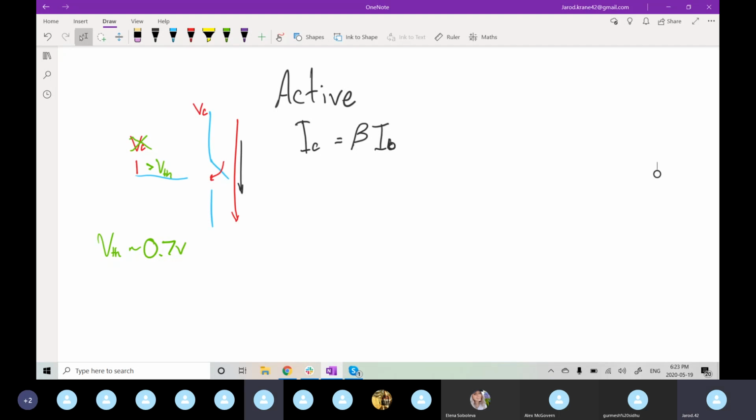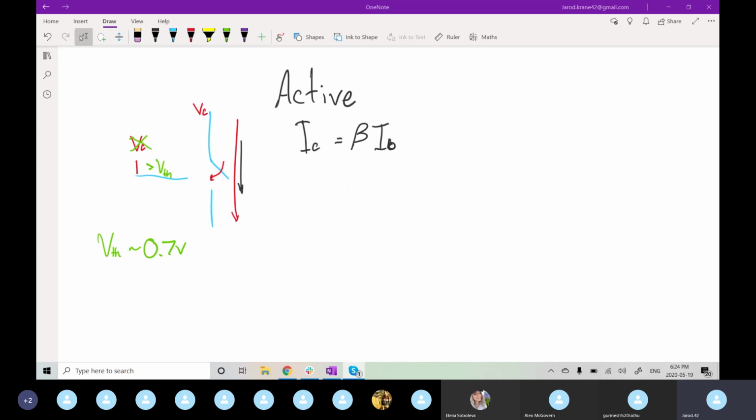What does beta represent? Yeah, so beta is the saturation constant, I believe is what it's called. Yeah, geez, I can't remember exactly. It's basically the saturation constant.